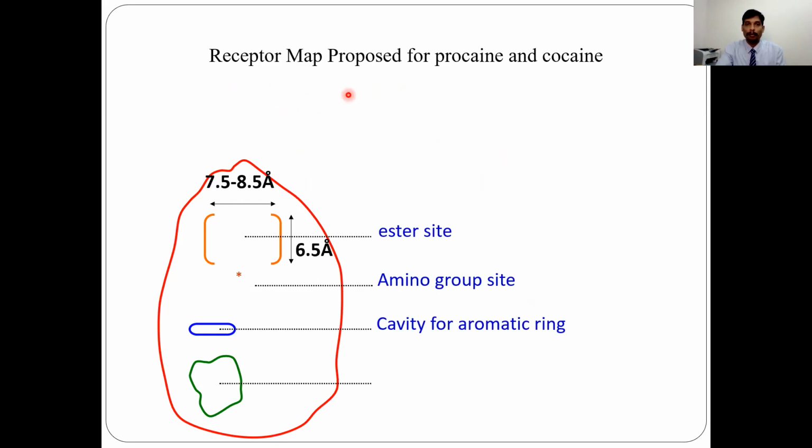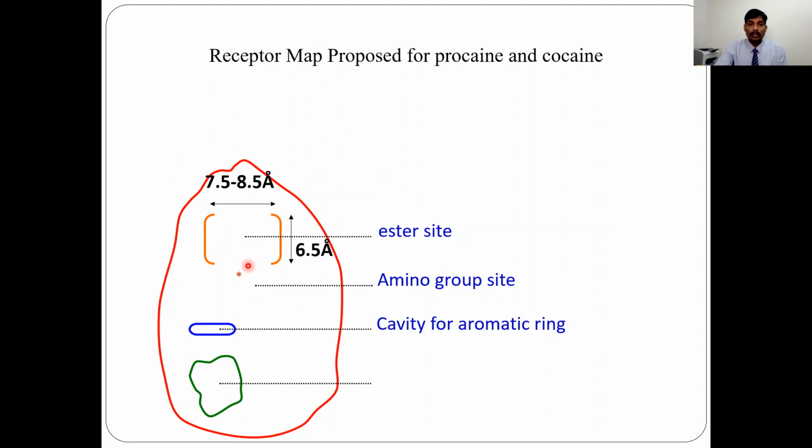See, the receptor map proposed for procaine and cocaine. So where exactly this matches in angstroms, where the ester bond is, and the other distance, this is the length, and the amino group, and then a cavity for the aromatic ring, and so on. So this is called the pharmacophore of that particular ligand. And based on that, you can design a new drug.